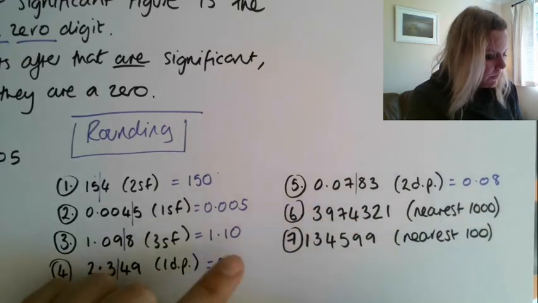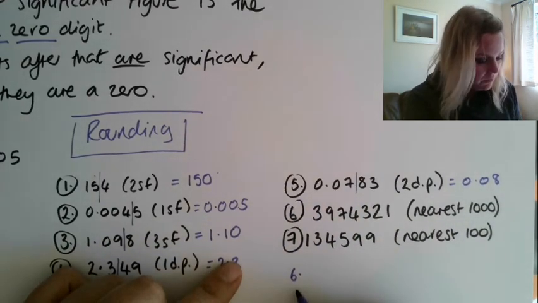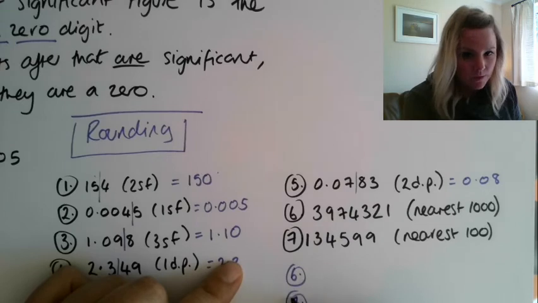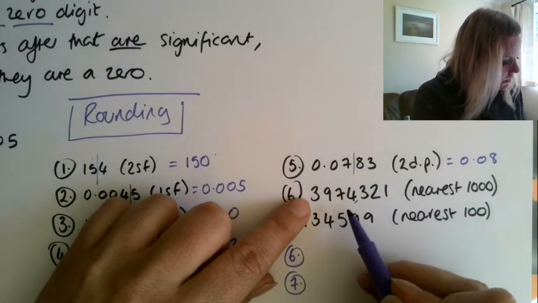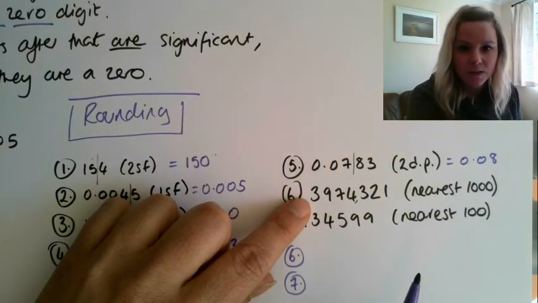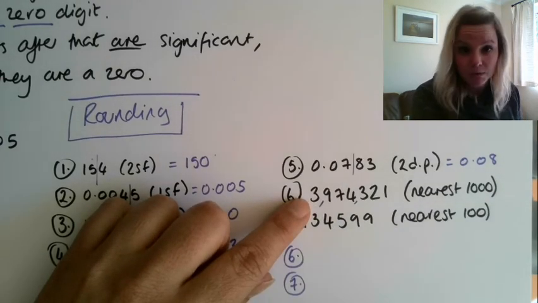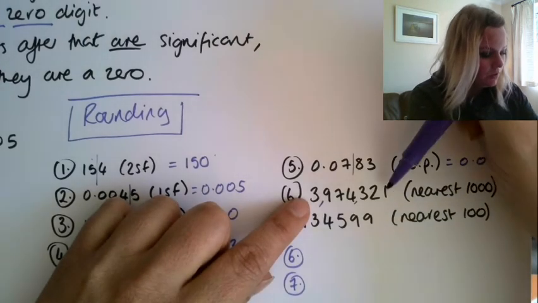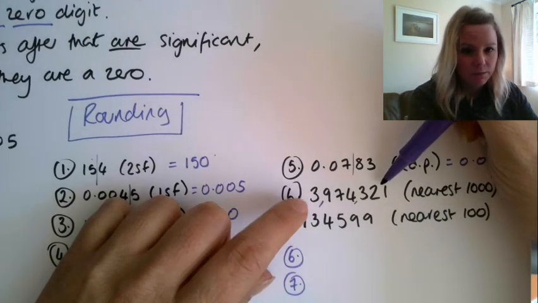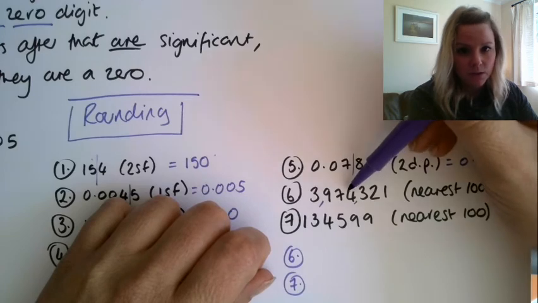Now, I haven't left myself enough room here, so I'll do 6 and 7 underneath. So number 6 is, what is this number? 3,974,321, and we need to give it to the nearest thousand. So if we think about our columns, this is our units column, tens, hundreds, thousands.